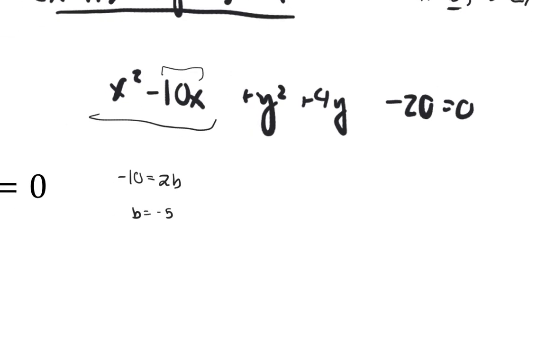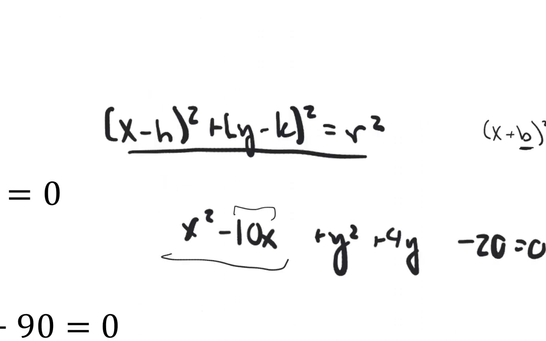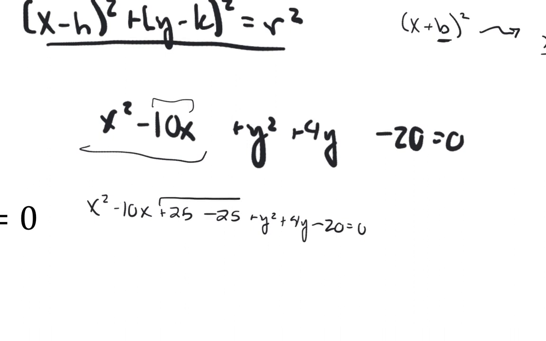So what I'm going to do is take this x squared minus 10x. I'm going to add 25. I'm going to subtract 25. And I'm going to include the rest, minus 20 is equal to 0. So here, this is the same as saying plus 0. So that is a fine thing for us to do.